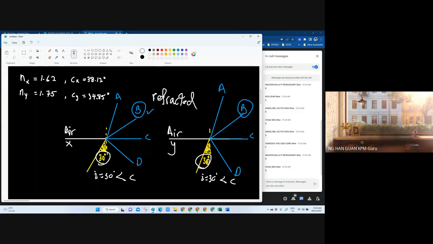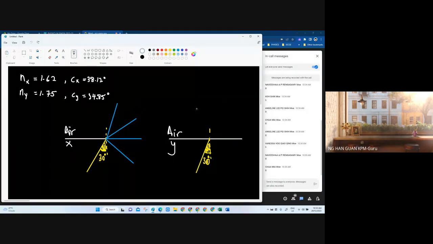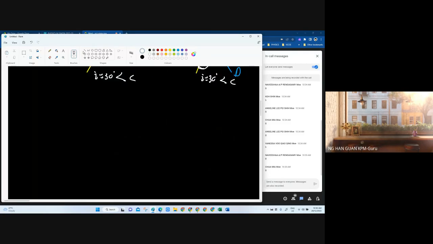Okay, so now next. I repeat again, the ligand.